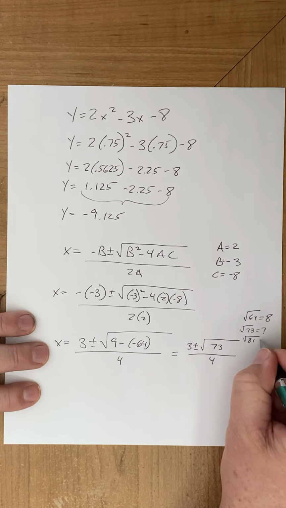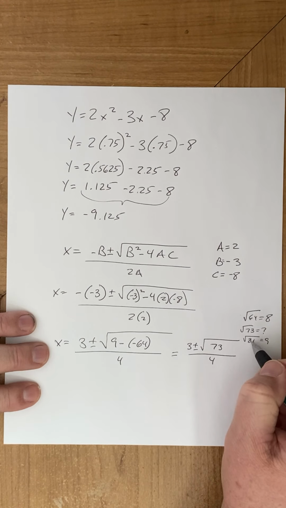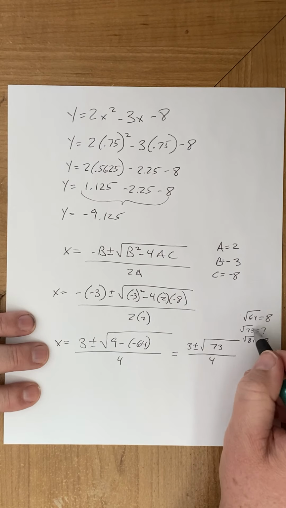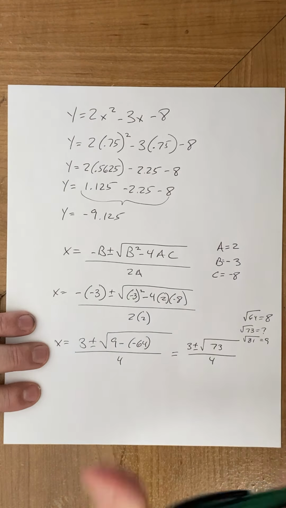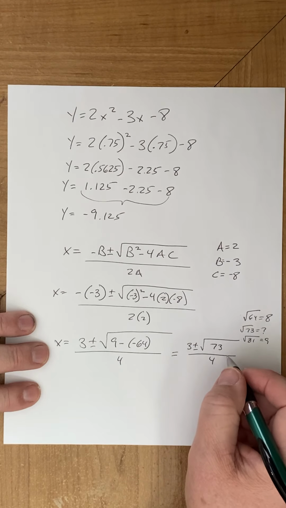Well, square root of 81 is 9. So this is 9 values away from here, this is 8 from here. So this is like right in the middle, right between the two. So I'm going to say the square root of 73 is about 8.5. Let's guess.